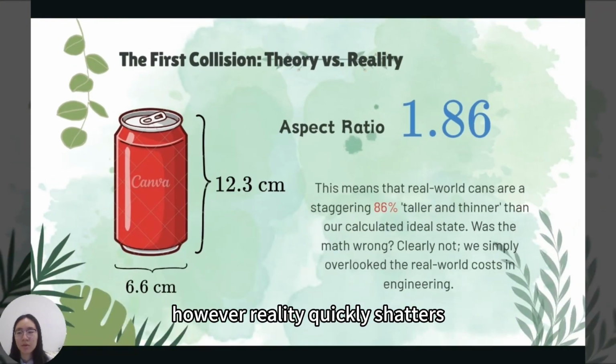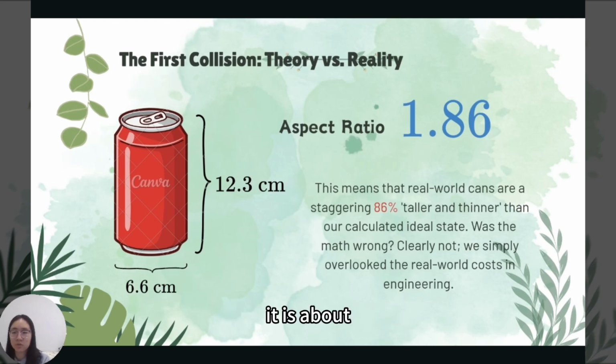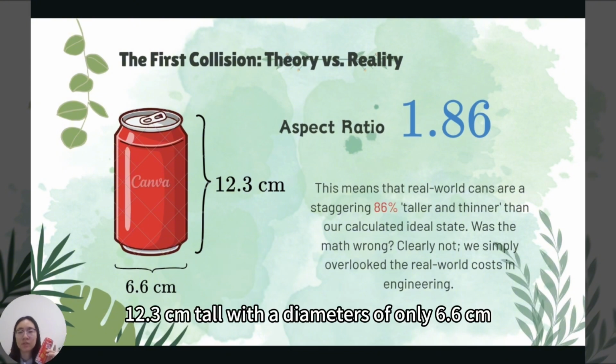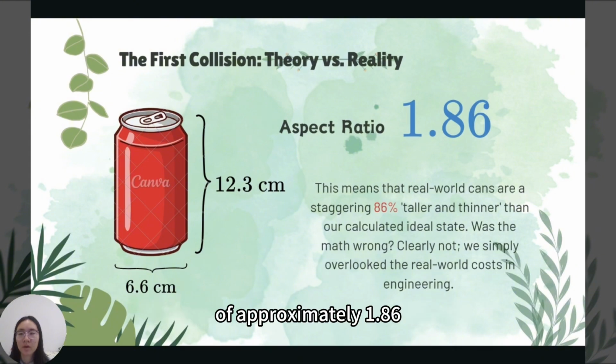However, reality quickly shatters this perfect hypothesis. Take a look at a soda can. It is about 12.3 centimeters tall with a diameter of only 6.6 centimeters. This gives us a height to diameter ratio of approximately 1.86.